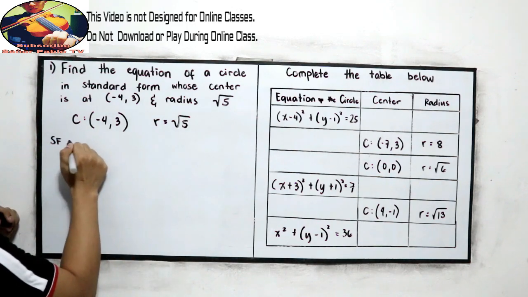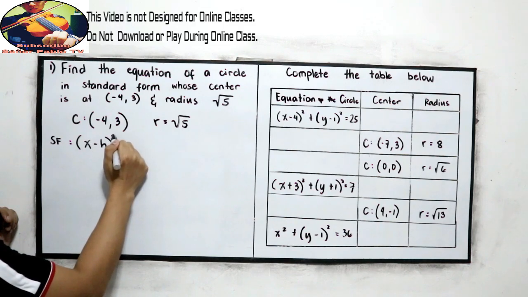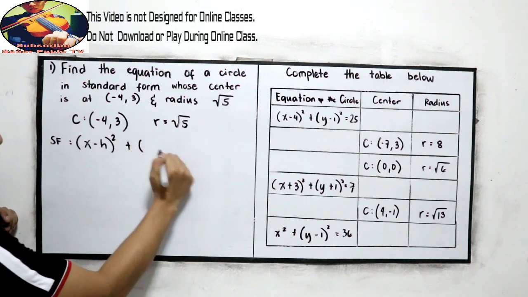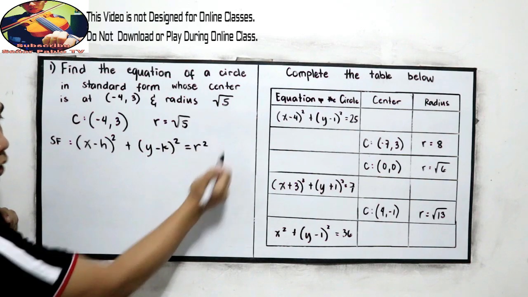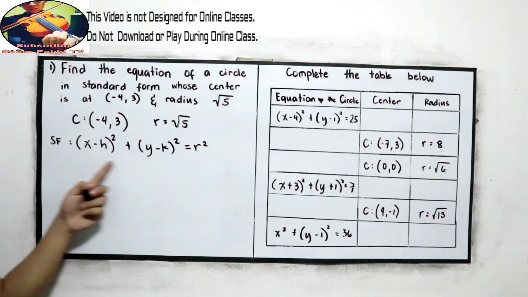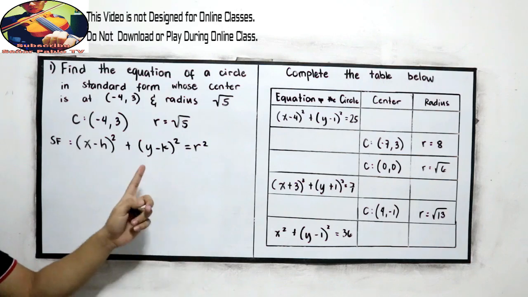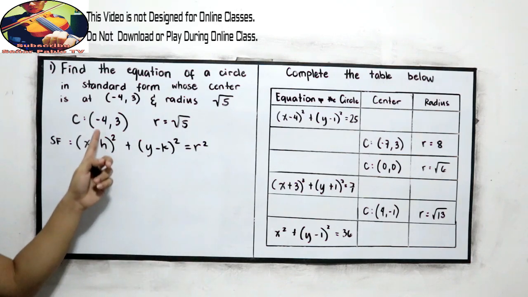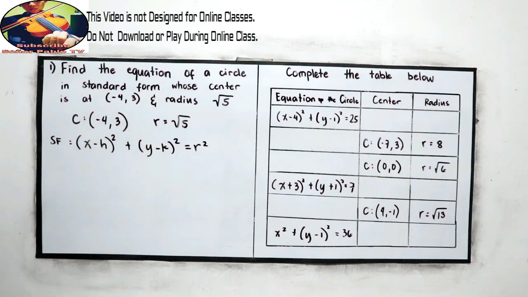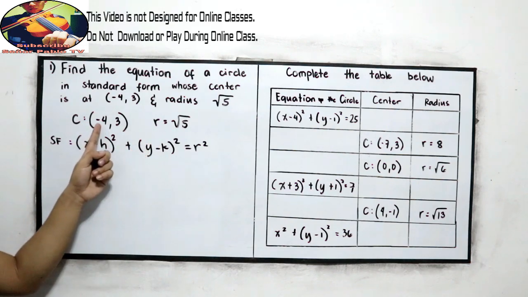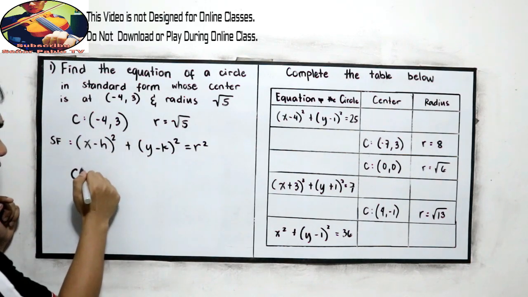The standard form of a circle is (x - h)^2 + (y - k)^2 = r^2. This is the standard form. We're going to write into this form. So, the given is the center and the radius. Let's just substitute. Focus on our center.